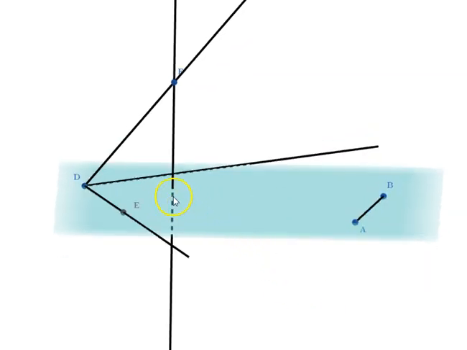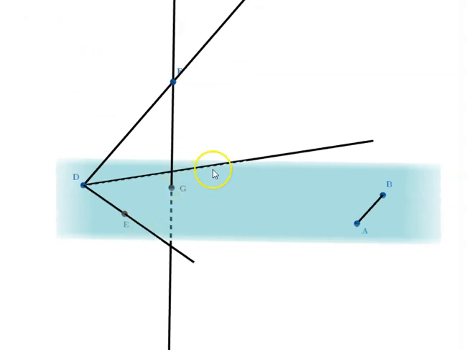And now we mark the point of intersection of this line with the plane. So let that be G. Now we join EG and extend it so that it intersects the third leg of the solid angle. So EG.